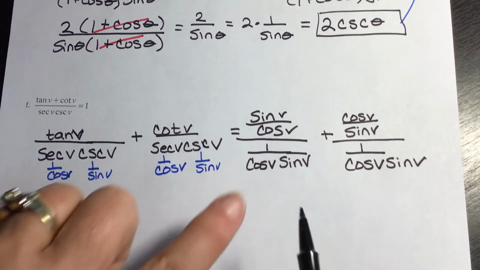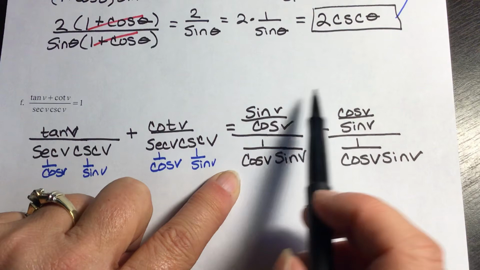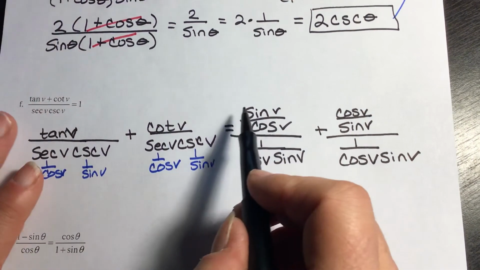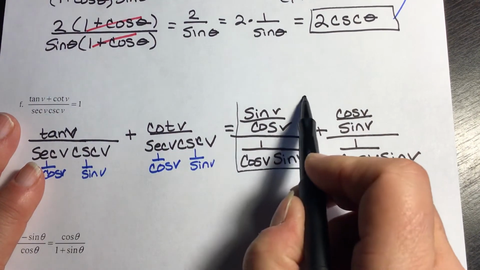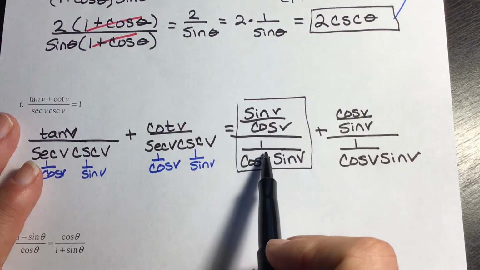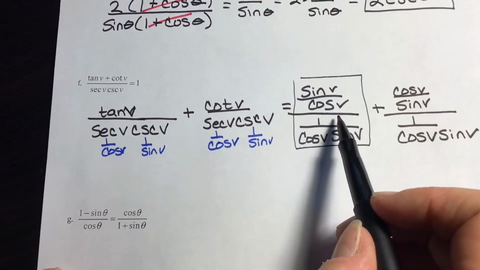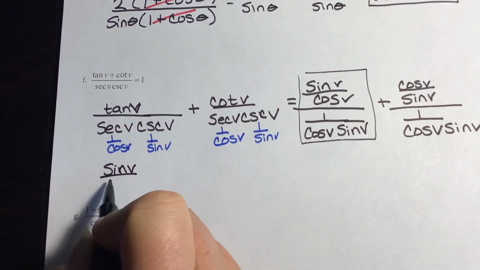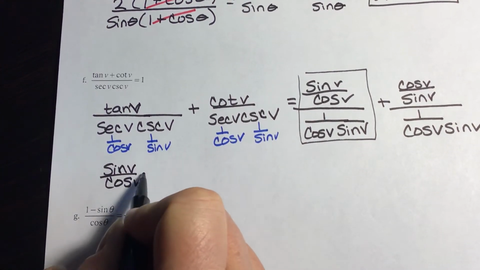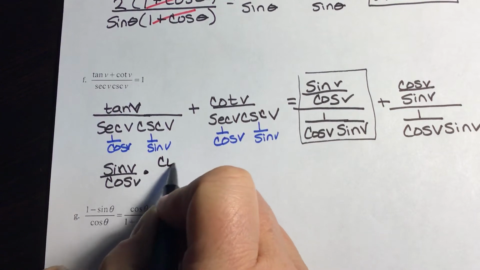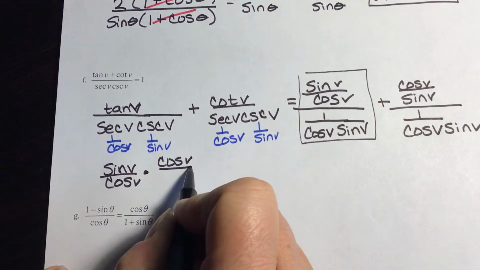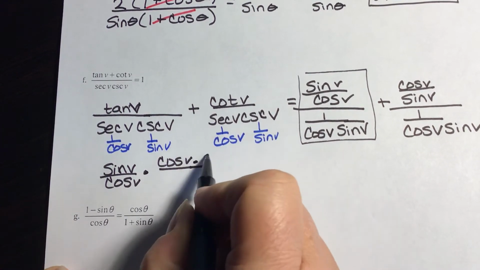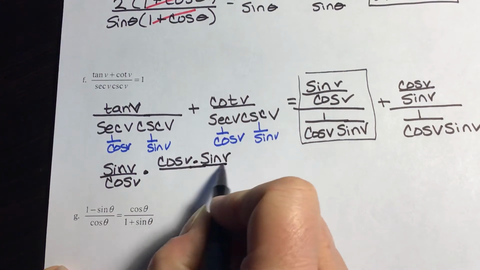And now we're going to look at each part of this separately. All right, so we're going to look here. And when I multiply by the reciprocal, I'm going to have sine v over cosine v times cosine v times sine v over 1.